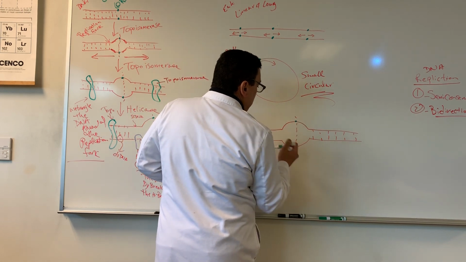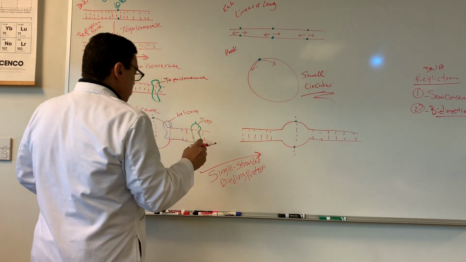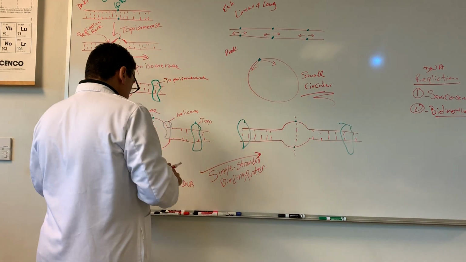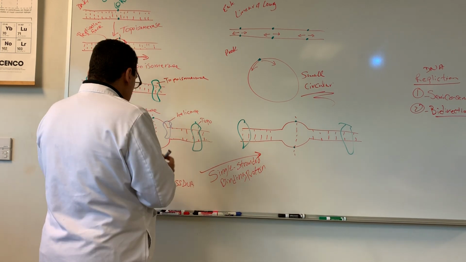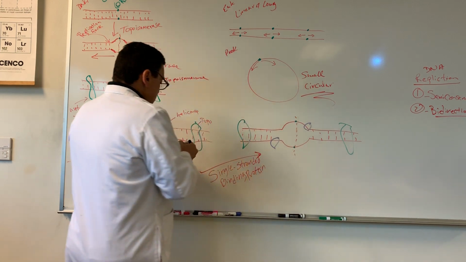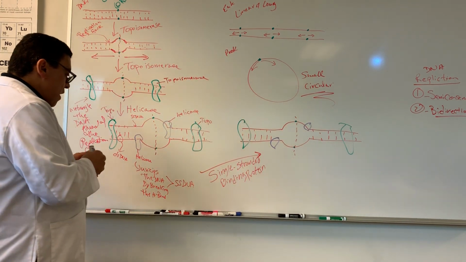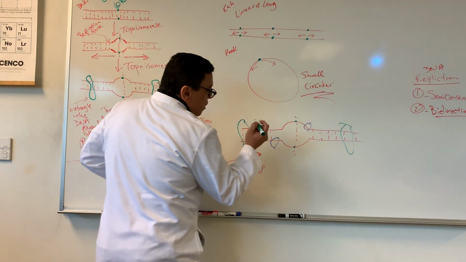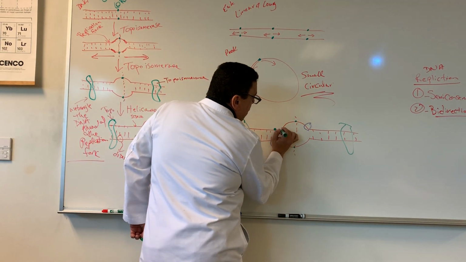The symmetry line. And what color did we use? We used green for the topoisomerase. We used this one for the helicase. And here come the single-stranded binding proteins. The single-stranded binding proteins will do this. Wherever there's single-stranded DNA, I'm going to bind to it.